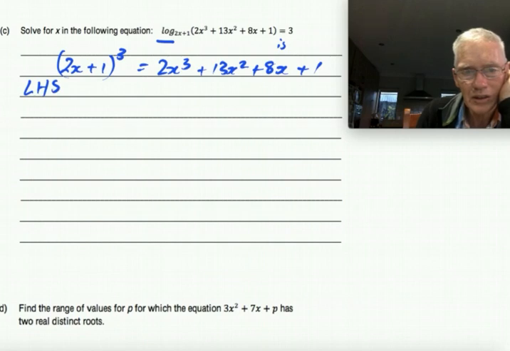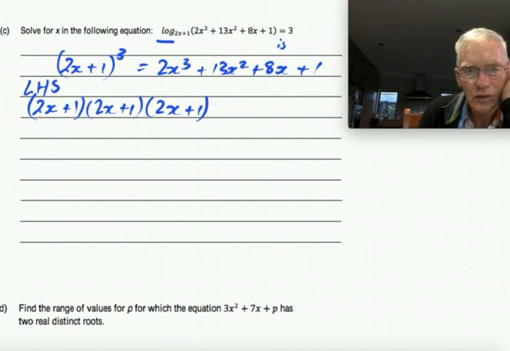So I'm going to work on the left-hand side, and I'm going to multiply 2x plus 1 cubed. And we have to be good at doing this. You should be able to do that. We're going to use the FOIL method. I'm going to pretend that this one's not here at the moment, and I'm going to multiply 2x times 2x, 2x times 1, etc. And that will give me 4x squared plus 2x plus 2x plus 1 when we multiply it out.